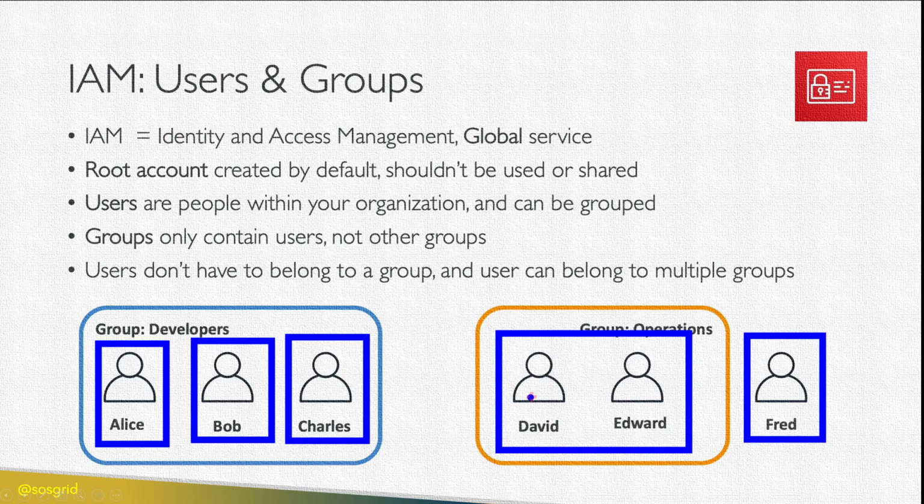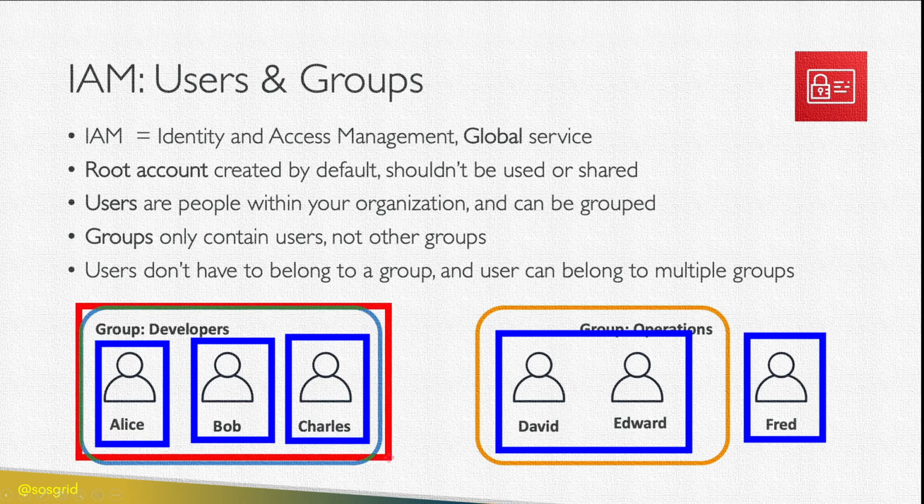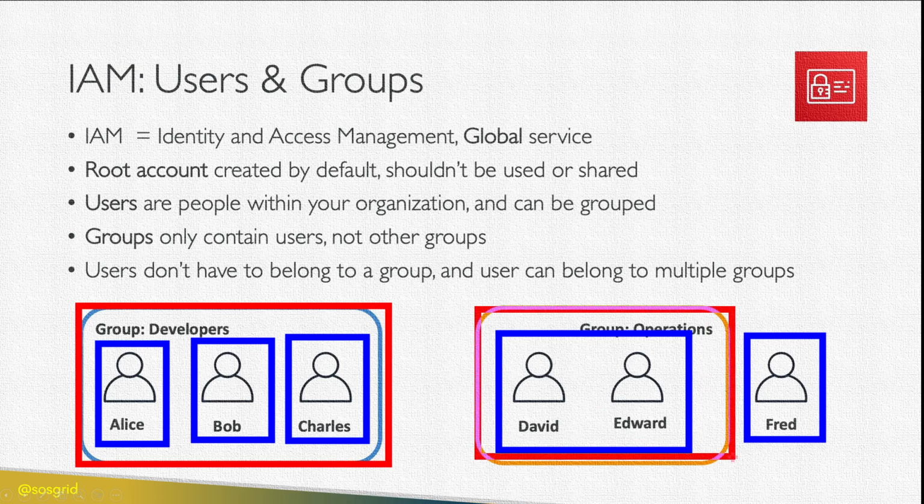Okay, so these people which you see here, you can decide to put them inside groups. As we can see here, for example, Alice, Bob, and Charles are inside the developer group. The same thing as David and Edward. David and Edward are in the operations group. And you can see Fred is just all alone here in this case, right?